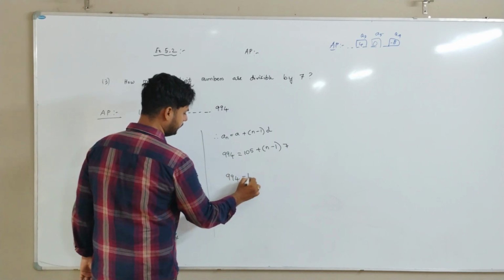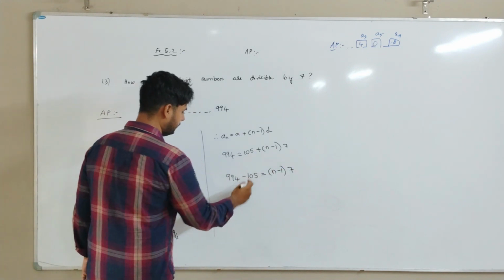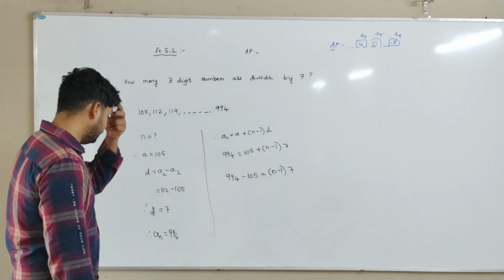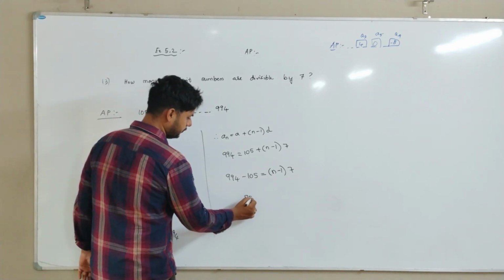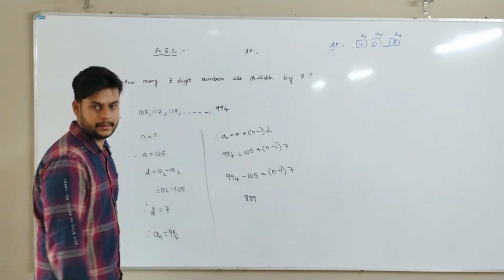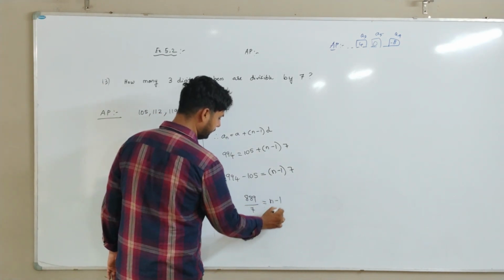AN, 994, is equal to A, 105, plus N minus 1 into D, 7. 994 minus 105 is equal to N minus 1 into 7. 994 minus 105 is 889, correct? 889 divided by 7 is equal to N minus 1.